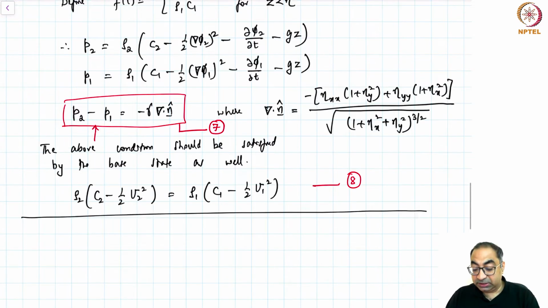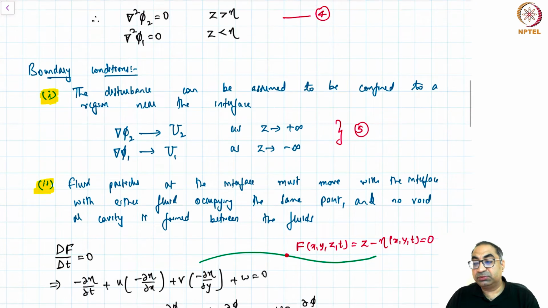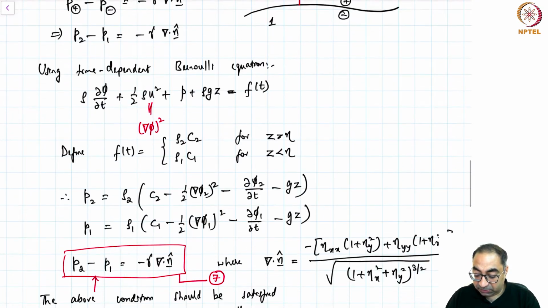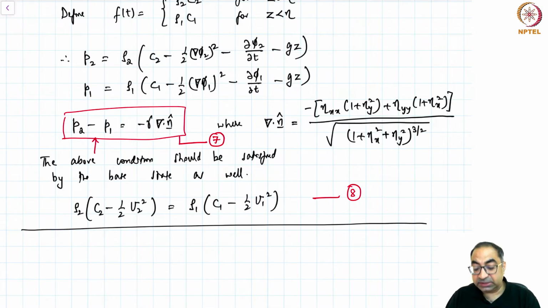These equations, equation number 2 to 8. Equation number 2 is basically the definition of the fact that there is a potential on both sides, and I'm defining the velocity in terms of a potential, all the way up to equation number 8, which is basically the relationship between the pressures using Bernoulli's equation.